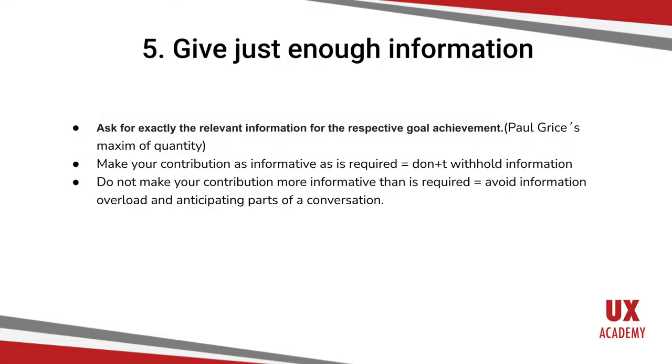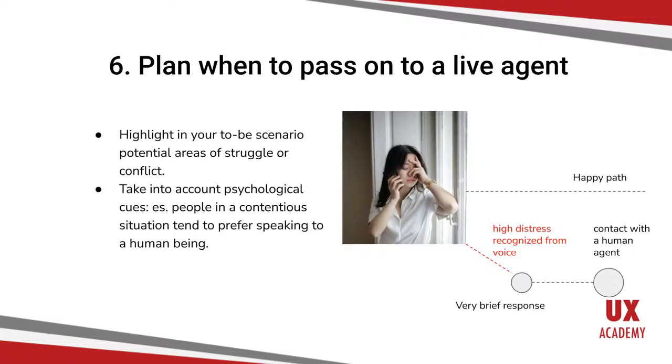But the principle of quantity is possibly one of the most difficult to get right, because it requires striking a balance between withholding information that you shouldn't, but also not anticipating too much information in the same input from the chatbot. So it is really about reaching that sweet spot in the quantity of what you say.